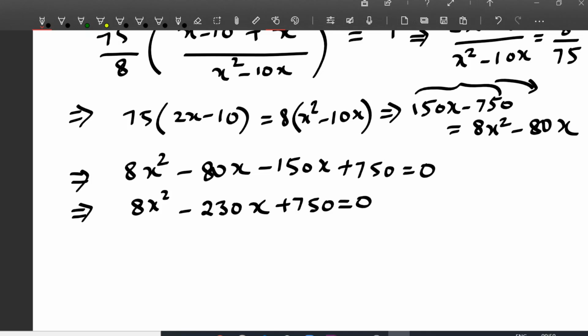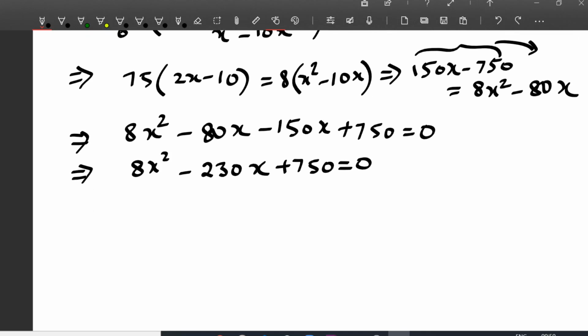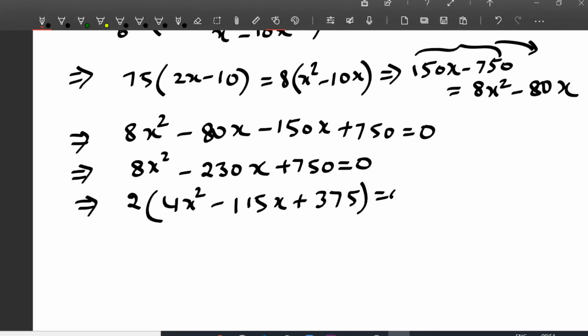Now when you see that all the three terms are even numbers, they have a 2 in common. So when you take 2 common, which will give us 2 bracket 4x square minus 115x plus 375 will be equal to 0.